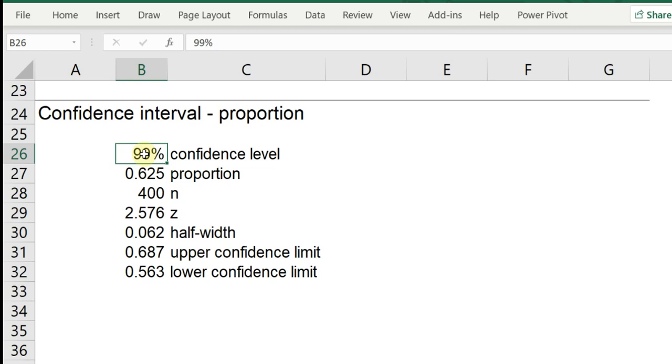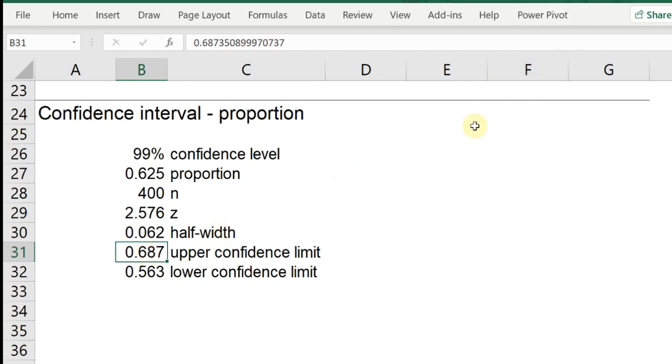A z of 0.005 is 2.576. Now here's your half width or margin of error, 6%. And these are the actual upper and lower confidence limits, 56% to 69%. So we estimate with 99% confidence, that's pretty high confidence, anywhere between 56 to 69% would watch the new series.